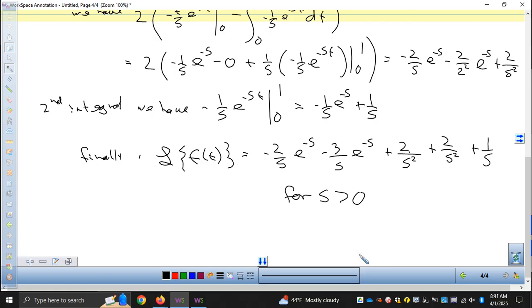Shouldn't we just minus 3 over s to give it a negative s? I don't think we have to. Should be squared. First term should be negative 2 over s squared. Oh, yes. Minus 2 over s squared.